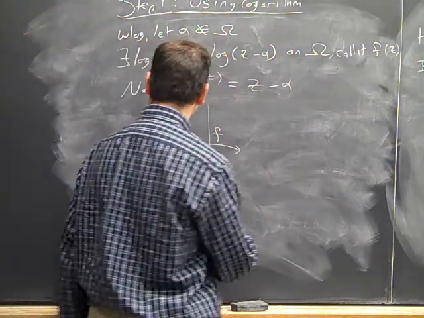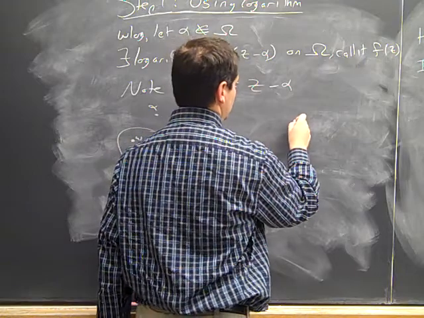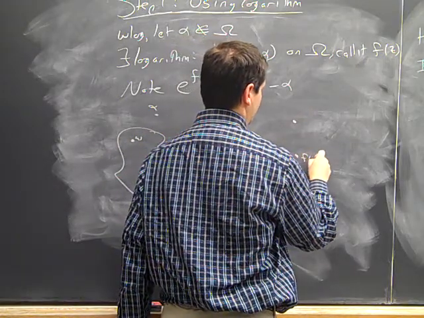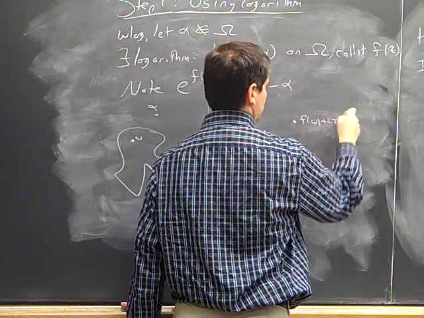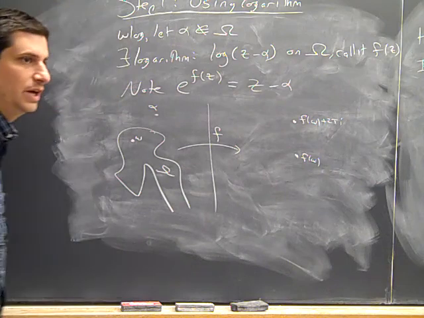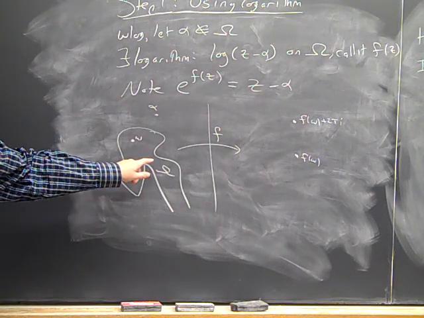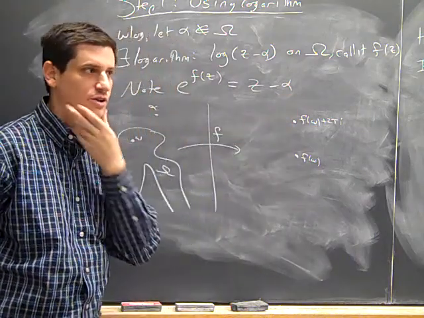And here is some special point w. Here's f of w. Here's f of w plus 2 pi i. And we've just shown we can't have a sequence of points such that their image under f approaches f of w plus 2 pi i.